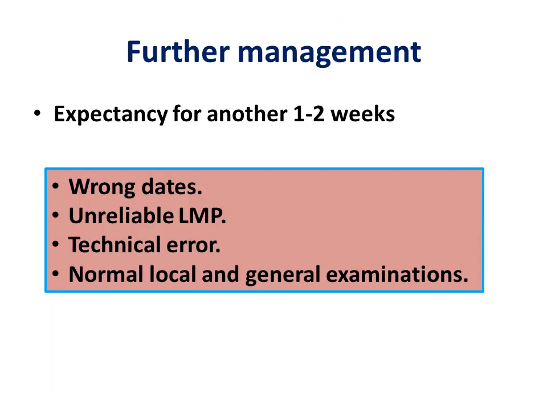What's the further management? In such a case, don't be heroic in doing evacuation or medical termination of this pregnancy. The patient has normal local and general examination. She is calm, no bleeding, no pain, no tenderness, and you have to offer her some time, expectancy. For 1 or 2 weeks does not matter. What's the harm of leaving a small sac in utero in this case?